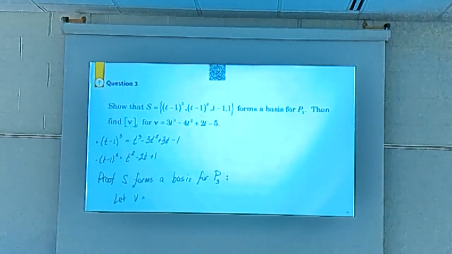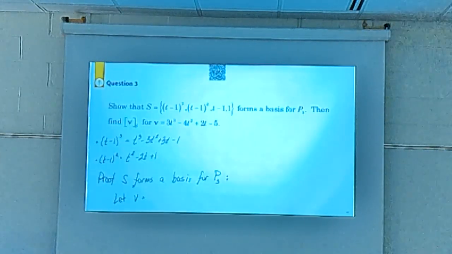What would a vector in P3 have to look like? What does a generic polynomial of degree 3 or less look like?